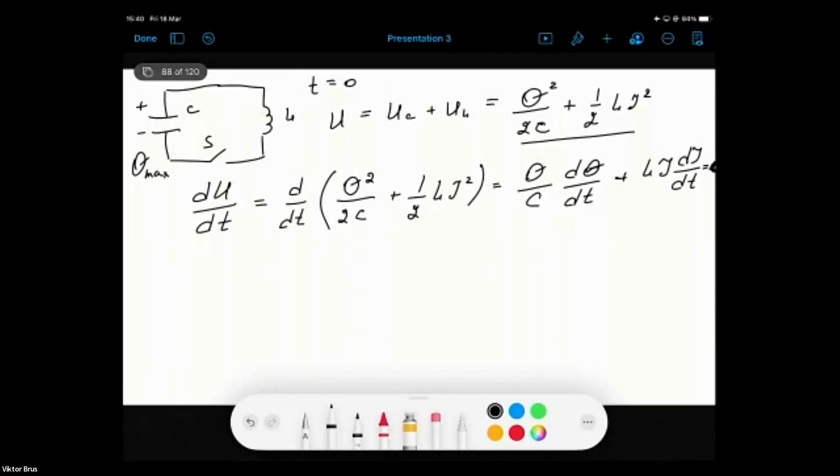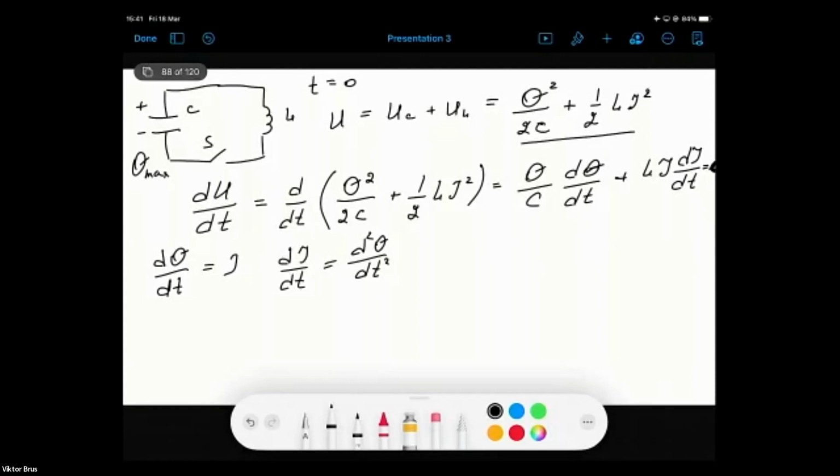So assuming that dQ over dt, this is actually electric current because it's the change of charge per unit time, then we can write that dI over dt, the first derivative over time of electric current, is the second derivative of electric charge over time.